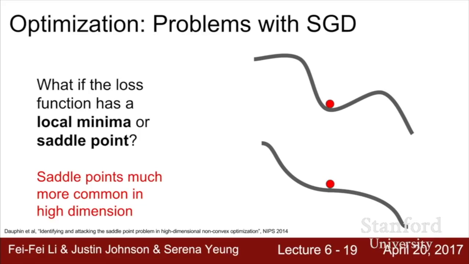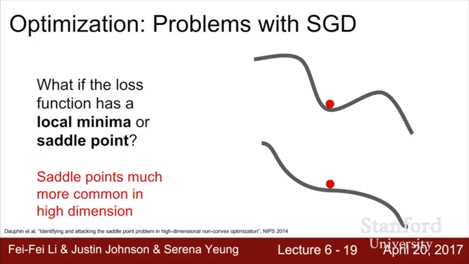That means that at my current point, in some directions the loss goes up, and in some directions the loss goes down. And if you have 100 million dimensions, that's probably going to happen almost everywhere, basically. Whereas a local minima says that of all those 100 million directions that I can move, every one of them causes the loss to go up. And that seems pretty rare when you're thinking about these very high-dimensional problems.